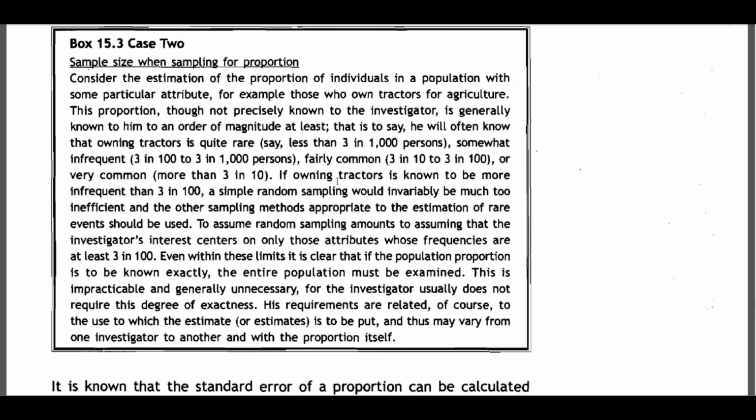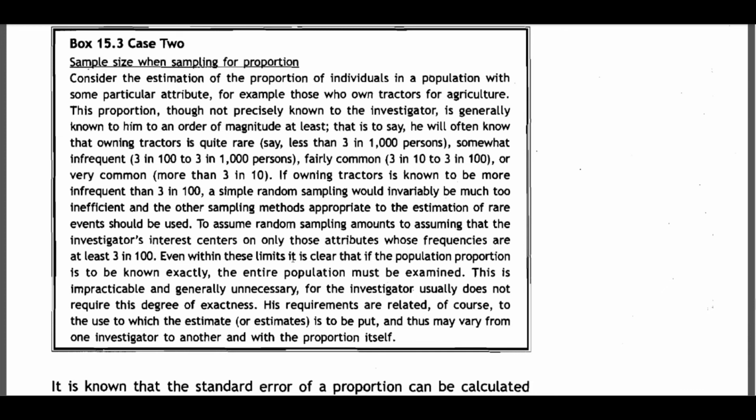If owning tractors is known to be more infrequent than 3 in 100, a simple random sampling would invariably be too inefficient, and other sampling methods appropriate to the estimation of rare events should be used. To assume random sampling, it has to be assumed that the investigator's interest centers on only those attributes whose frequencies are at least 3 in 100.